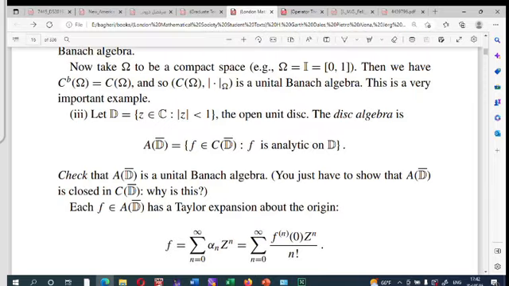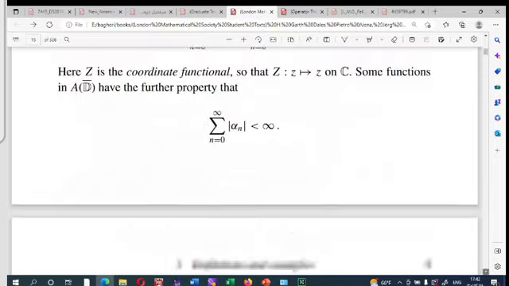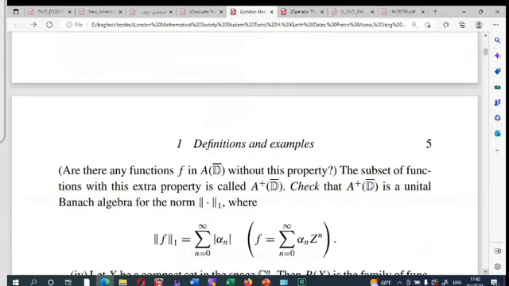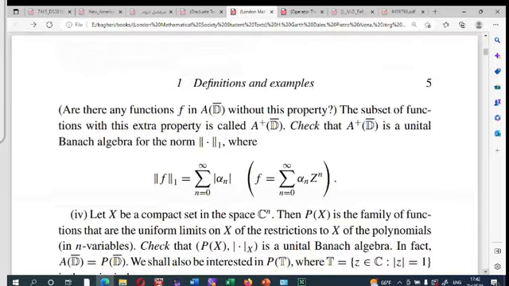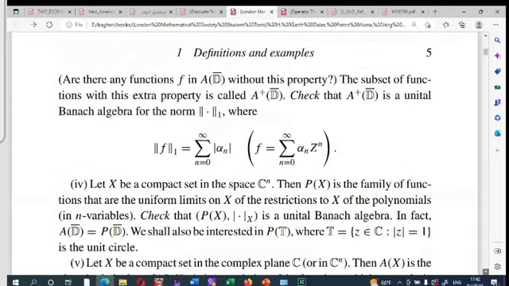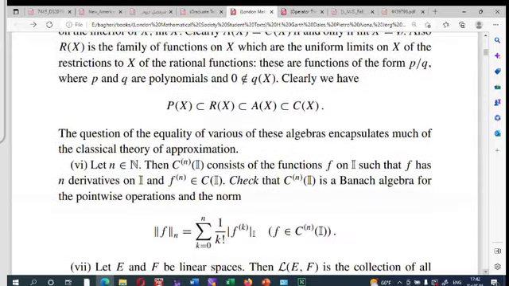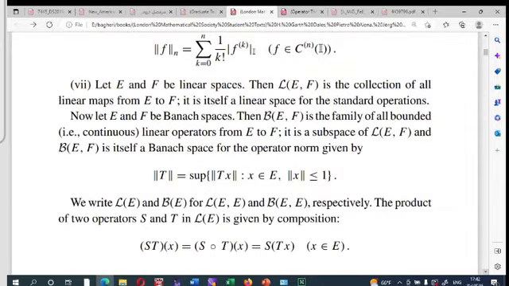And we have some more examples, and you can write this example.